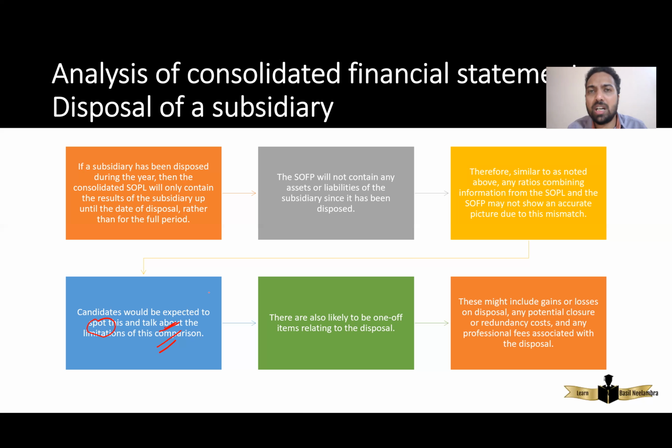An examiner is not interested in whether it has increased or decreased. You have to state from the scenario why it has increased or decreased. And there are 5 types of questions that will be asked: comparing with the previous year, comparing with the sector, comparing with another organization, acquisition of a subsidiary and disposal of a subsidiary.